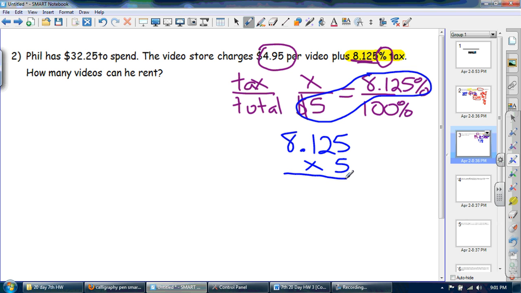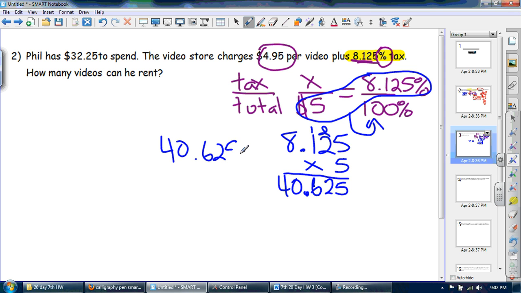Working that out would give us 40.625. We have 3 decimal places up top, so we need 3 decimal places in the answer. Once we have that, we take that number and divide it by 100. So we have 40.625 divided by 100.